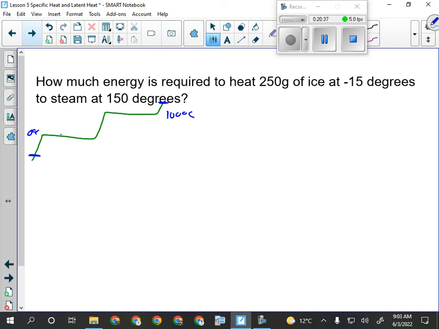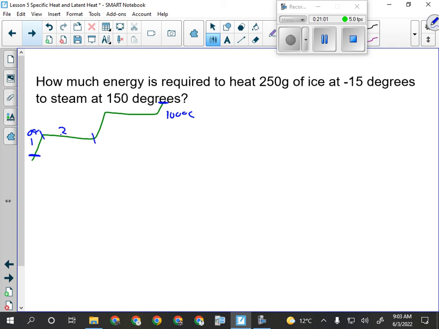How many steps are there going to be? Okay, so I'm starting with ice. I've got to heat the ice to what temperature? 0. That's step 1. So this would be my first step. What's happening here? The ice is melting.